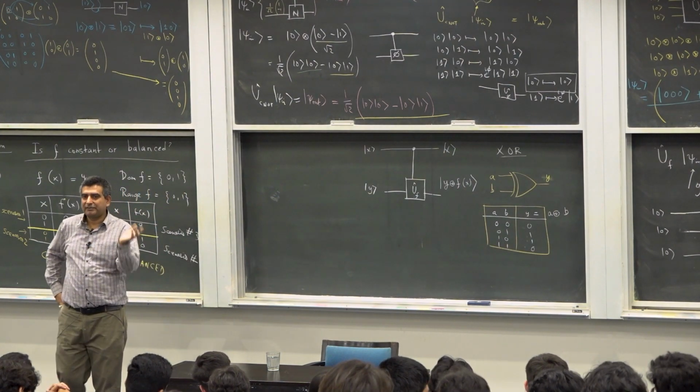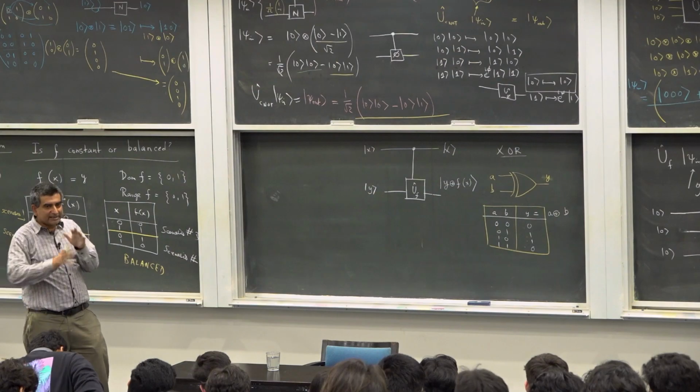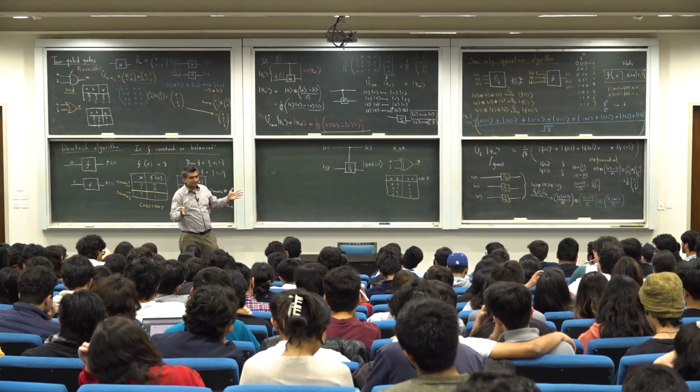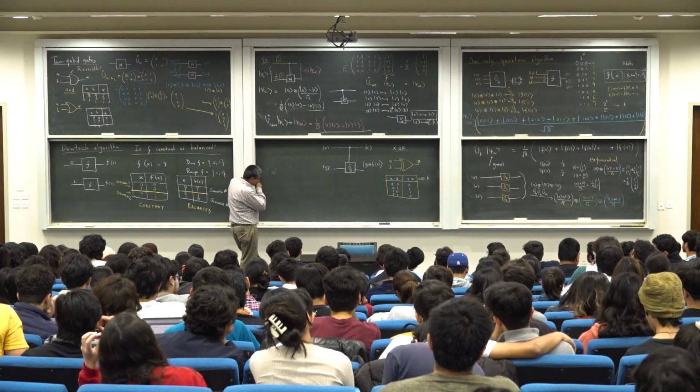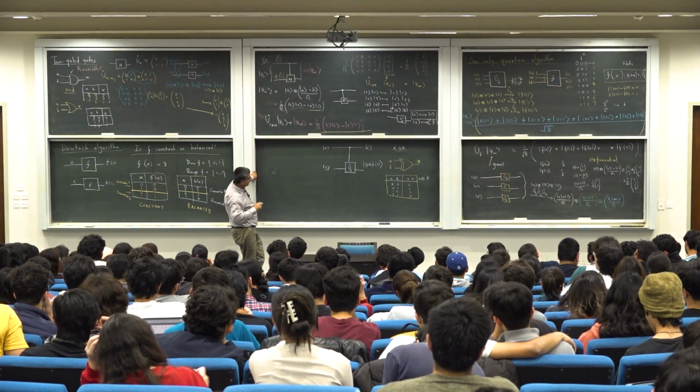All right, so now, equipped with this definition of a controlled implementation of the function UF, let's build a quantum circuit. All right, the quantum circuit I would like to build is the following.